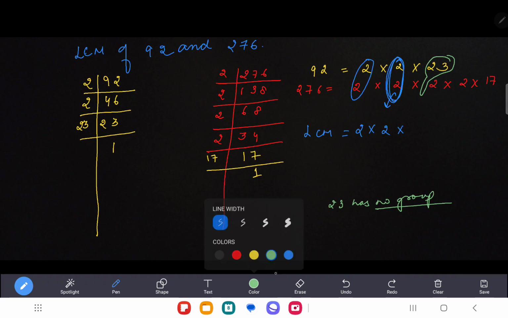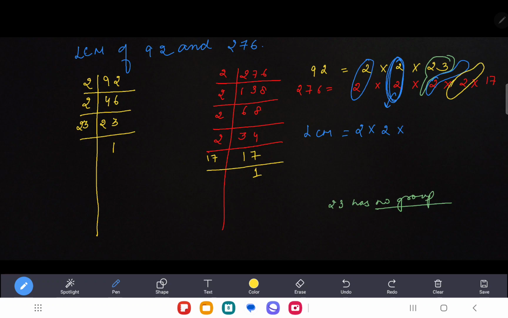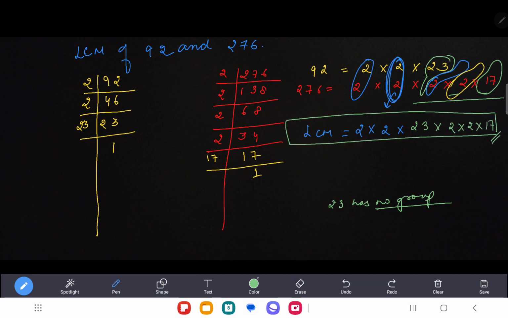This 2 is here, but this 2 also doesn't have any group here. And this 17 also does not have any group here. So whosoever does not have any group, we also write them down once. So 23 into 2 into another 2 into 17. This is going to be my LCM.